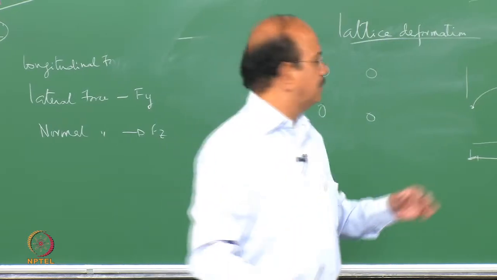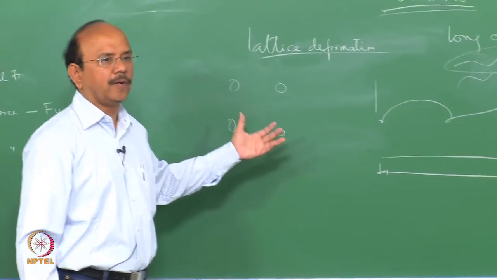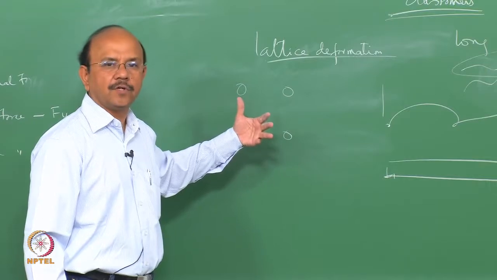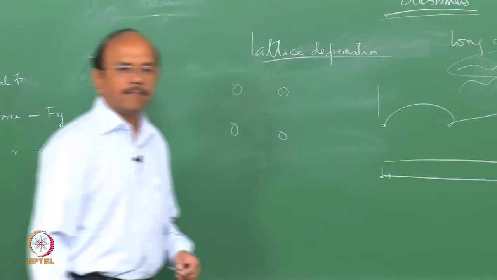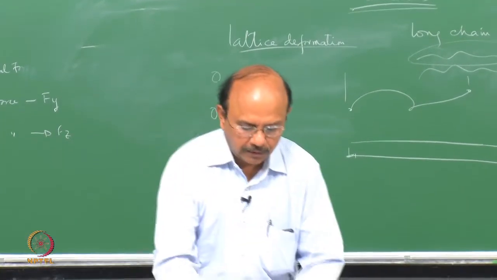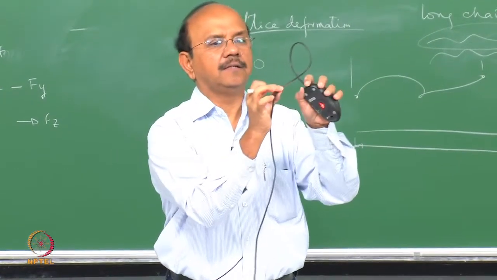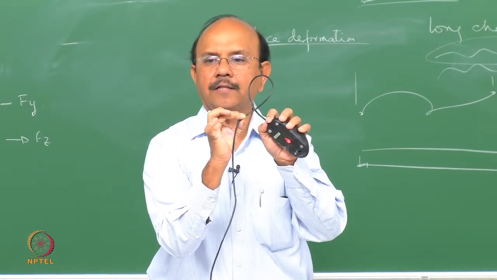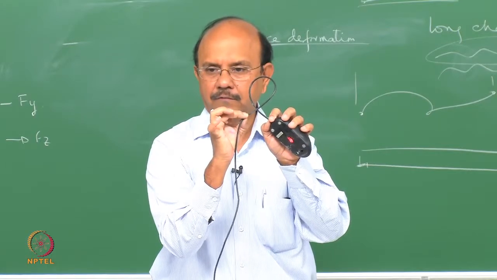You also know that the plastic deformations are due to a phenomenon called slip, and slip is due to the presence of dislocations and so on. Look at this. So you have a wire, say for example, if you take the mouse, let's say that this is the length from my left hand to right hand. This is the length of this long chain molecule as you see it outside.